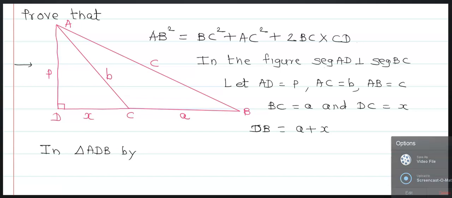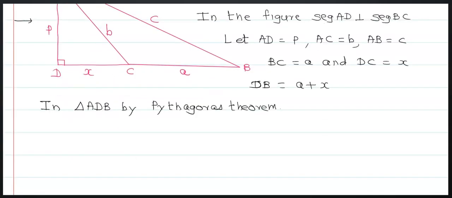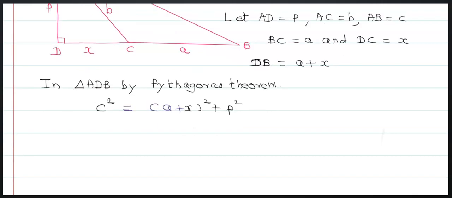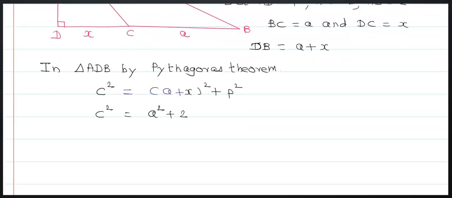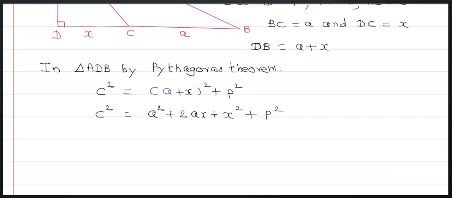Now see this. By Pythagoras theorem, in ADB, C square is equal to (A plus X) square plus P square. Now we'll expand this: (A plus X) square is A square plus 2AX plus X square, plus P square.